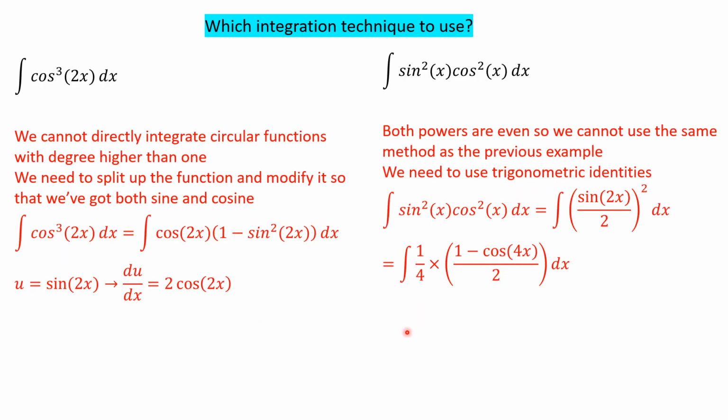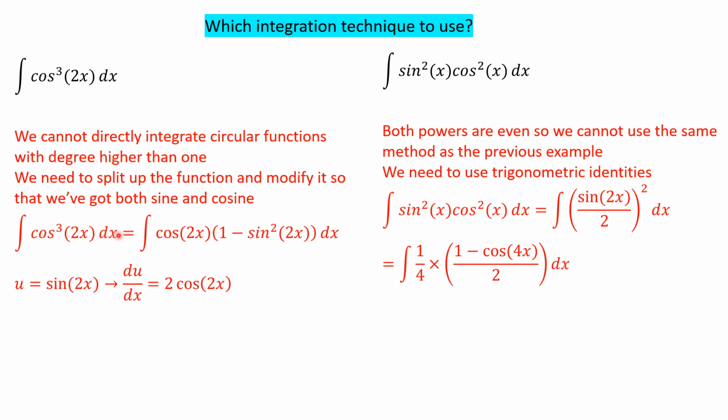Now we move on to trig functions. You can only integrate a trig function with power 1 directly. If the power is not 1, then you need to do some manipulation. So you've got cos to the power 3 of x over here.